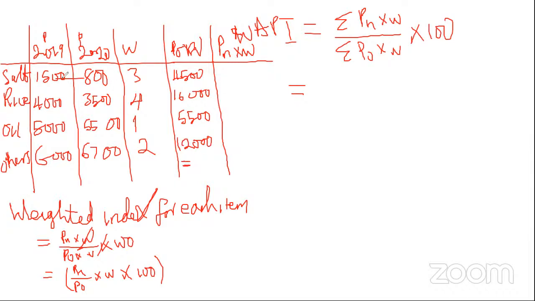Then you do the same: 800 times this gives us 2,400. 3,500 times 4 is 14,000.